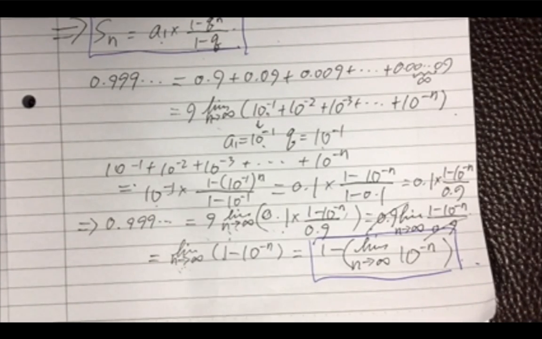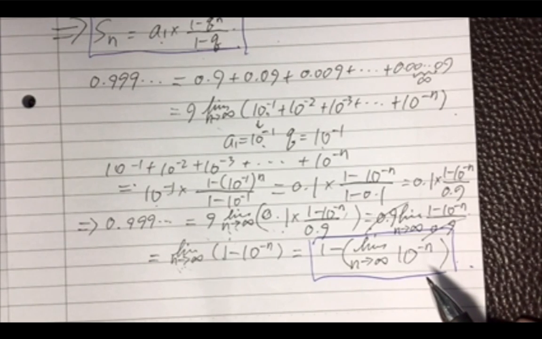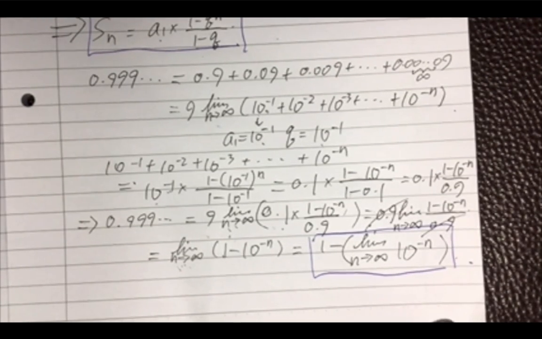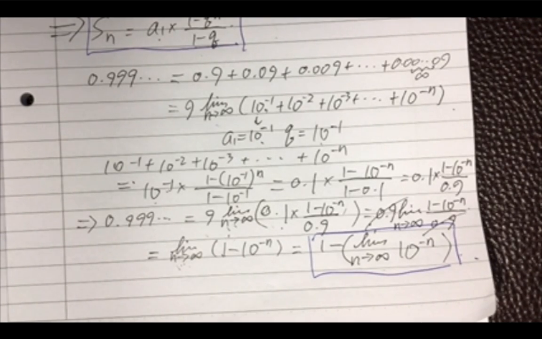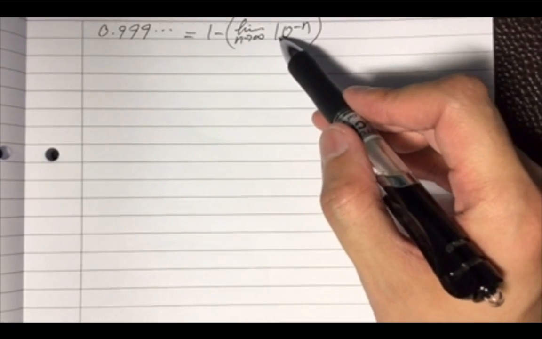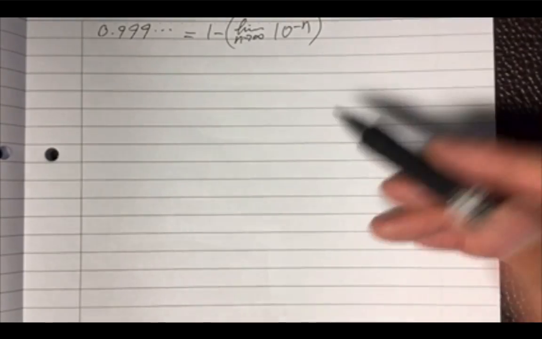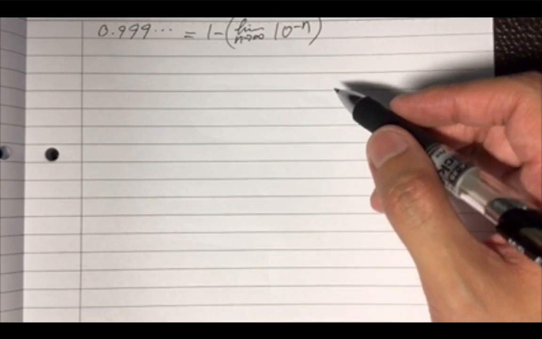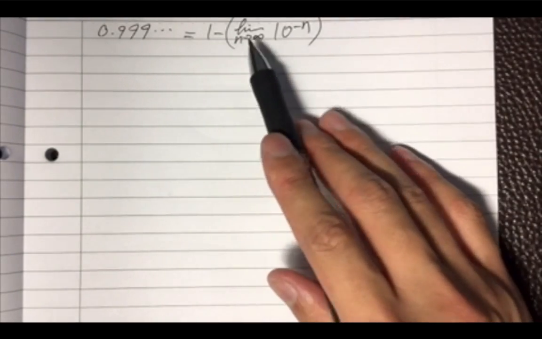So now we are going to do something about this 10 to the power of negative n. When n is approaching infinity, what to do? All right, for this 10 to the power of negative n, if we do a limit for itself, then we actually have no idea how this n affects the whole thing.